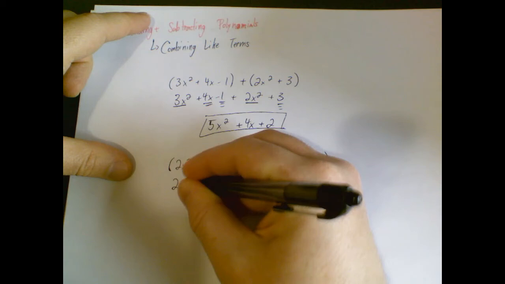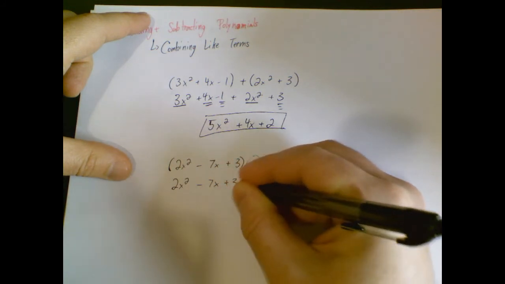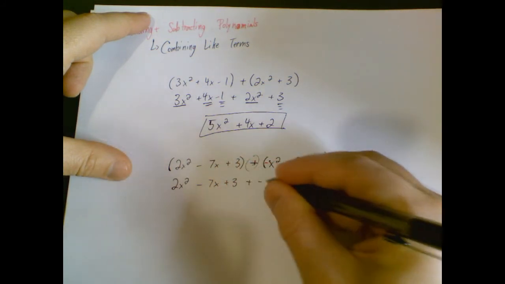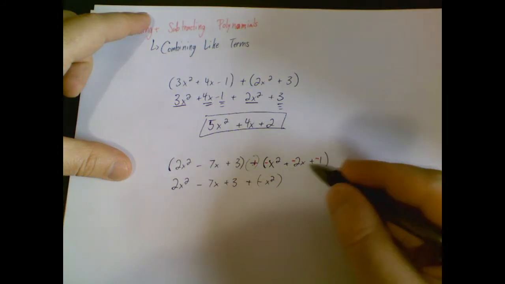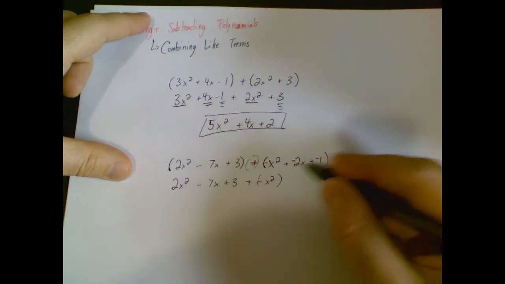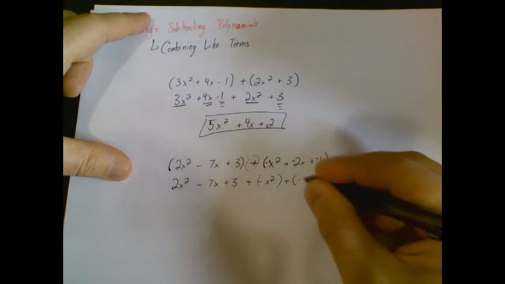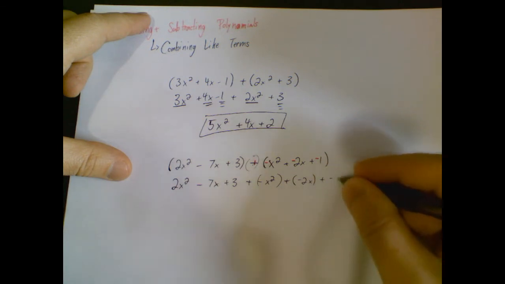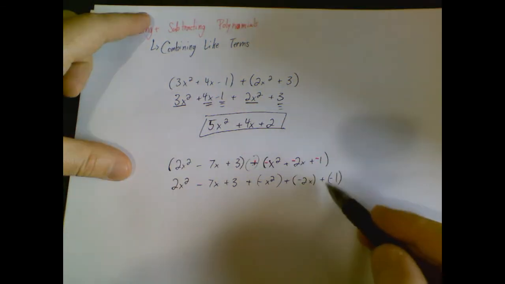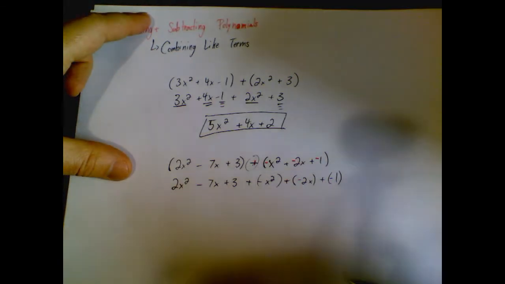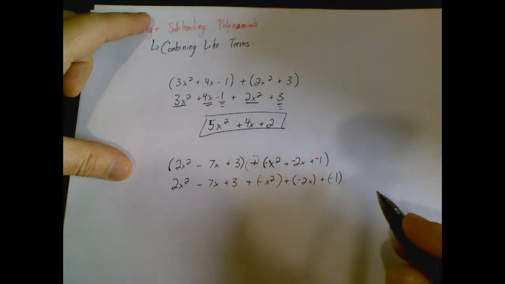So 2x squared minus 7x plus 3 plus negative x squared. And if you want to, instead of writing plus negative 2x plus negative 1, if you want to make the subtraction, you're welcome to do that. I'm going to go with writing them all out just for consistency's sake. But remember, adding negative 1 is the same as subtracting 1, and that's totally fine too.